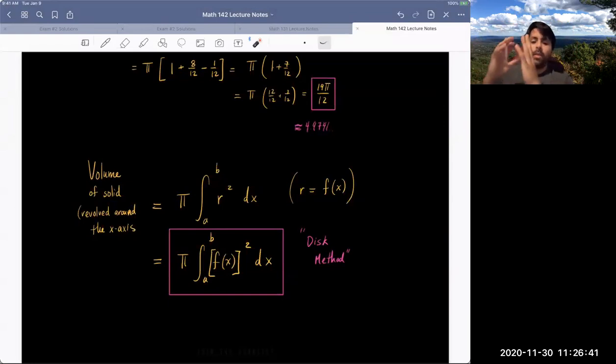But the idea is that we're taking up disks that are cylindrical and solid, for which we can find the volume of each, but we're making that approximation exact by making them as thin as possible and including an infinite number, quote unquote, of disks, which results in the integral, which gives the exact volume of the solid. And that's what I'm trying to express.